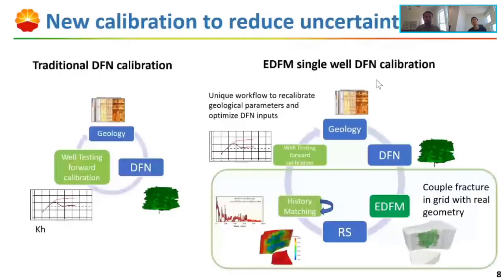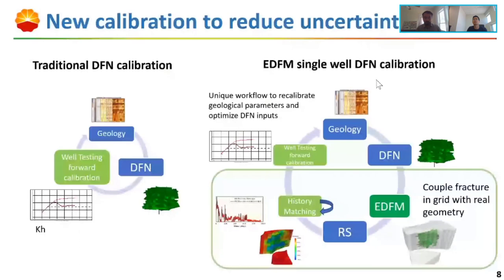So when we go into the calibration, the goal of this study was to use the DFN, go to the single well, generate multiple scenarios that properly honor the static data, and then that can honor the dynamic data, and see which one is more likely to be the base case moving forward. And again, this is an iterative process.